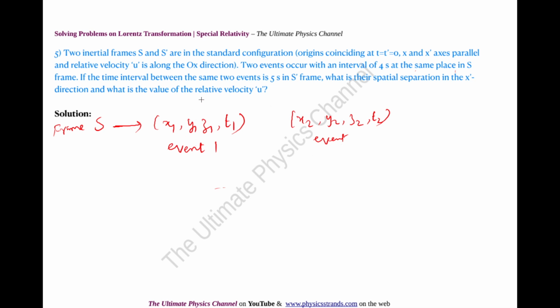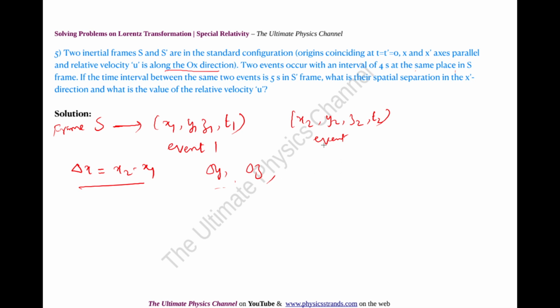Now the separation is the difference, right? So in the S frame of reference, del x is the separation in the x direction, and that is x2 minus x1. Of course, del y and del z will be there, which are y2 minus y1 and z2 minus z1, but we don't have to bother about those calculations because the relative motion is along the x direction only.